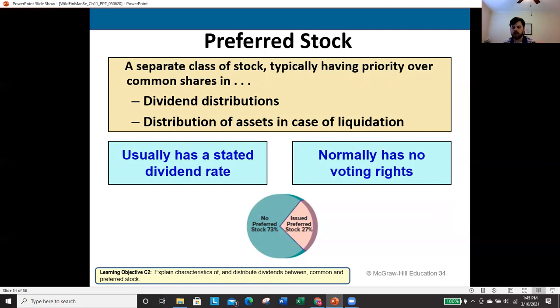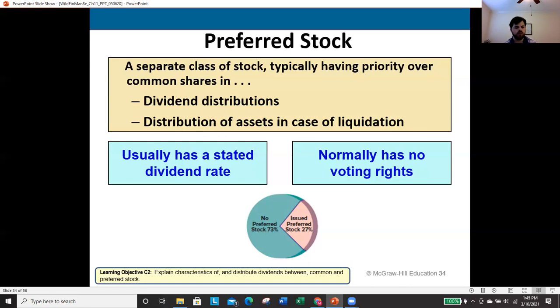But if you don't care about how the company is run necessarily, you just think it's a good company, and you really, I'm sorry, don't want voting rights, but you really care more about those dividend distributions, then preferred stock might be the option for you. So when we look at preferred stock, the reason this is preferred is because they have priority when it comes to actually receiving the dividend distributions.